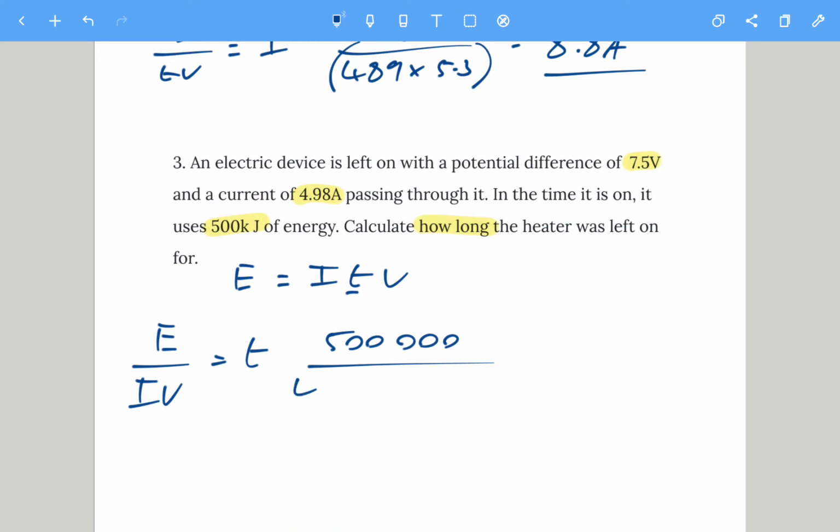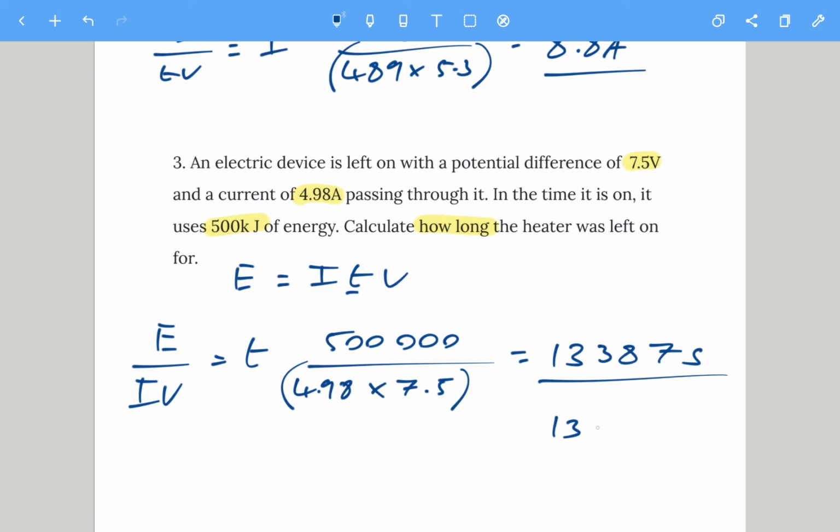So the current is 4.98 times the voltage is 7.5. Calculate that. That gives us a time of 13,387 seconds, or something like that would be fine. All right, let's do some more.